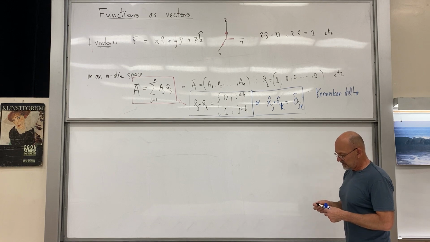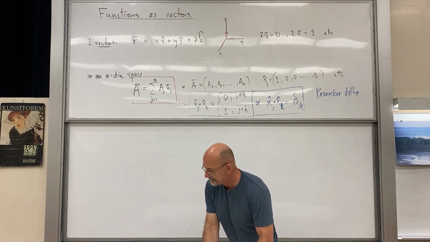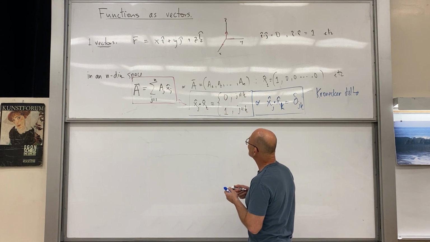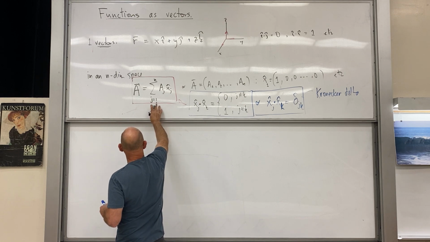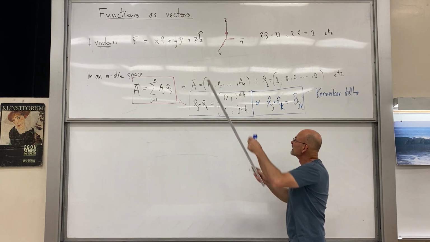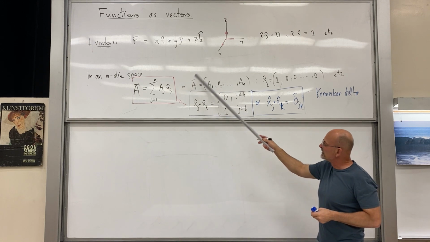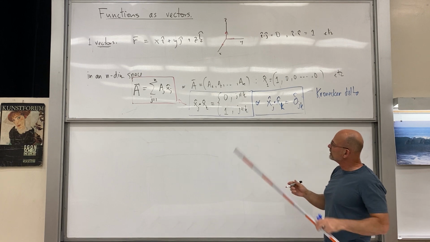Okay, where were we? Good, so we have this vector, and it's the components times the unit vector. It's exactly this thing here, except in n dimensions, and I'm calling them x sub j hat. I can name them anything. They are unit vectors.